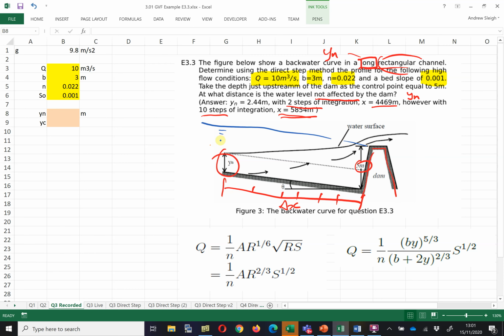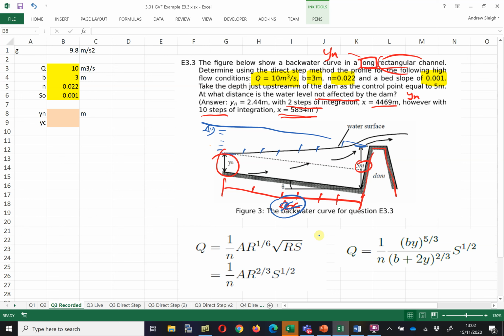We're going to do 10 steps down here, delta Y's, from the 5 meter to yn. And in those 10 steps we'll get 10 delta x values, and the sum of those will give us the answer, this x distance back upstream until normal depth is achieved.